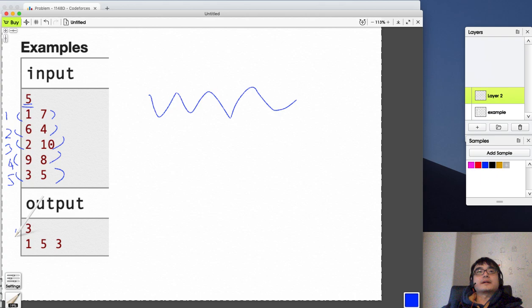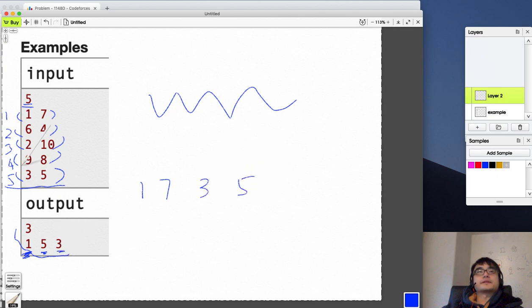So in the output, we need to find the longest zigzag array, right? In this case, we're going to put the index 1 number pair first, right? Which is 1, 7. And then we put the fifth number pair, which is 3, 5.